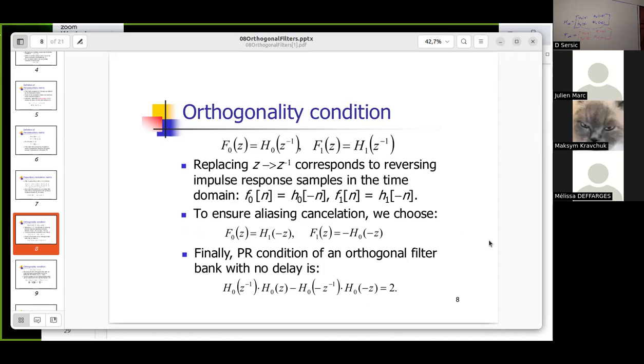So we already had two conditions, one to achieve non-distortion and the other one to achieve alias cancellation. Now we have three conditions, where maybe I can just go back to our sketch of our filter bank. The anti-aliasing conditions were some cross relations between the filters.